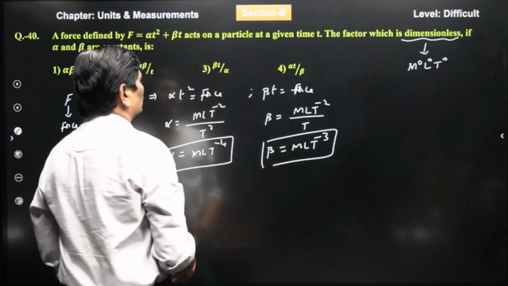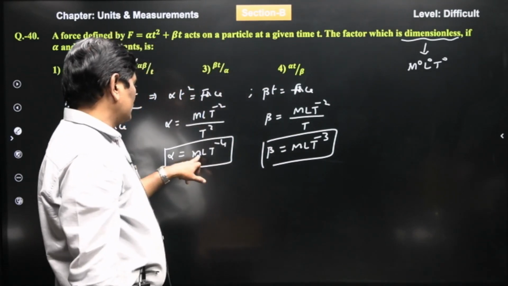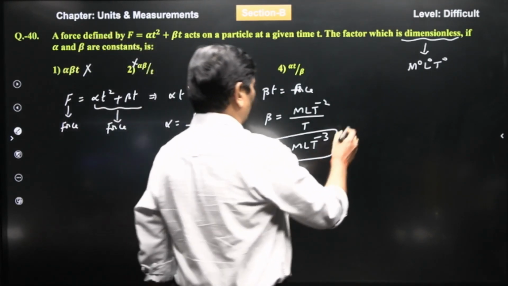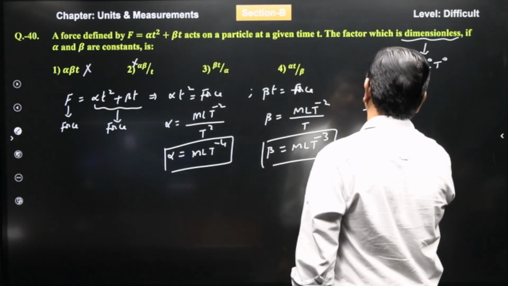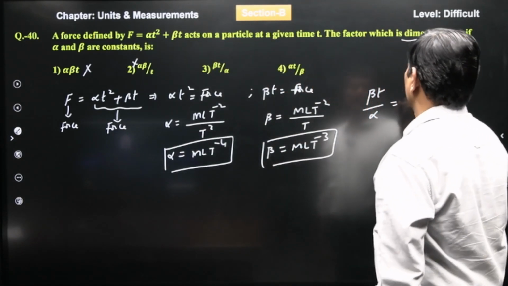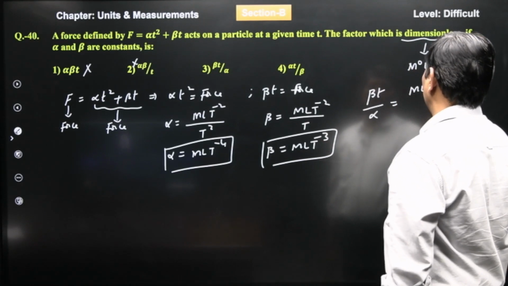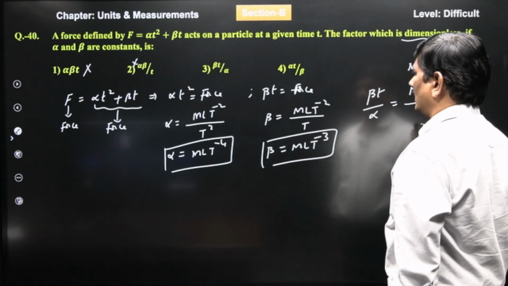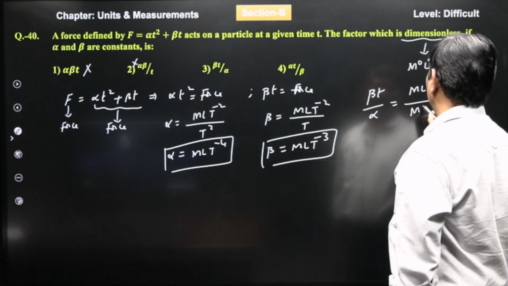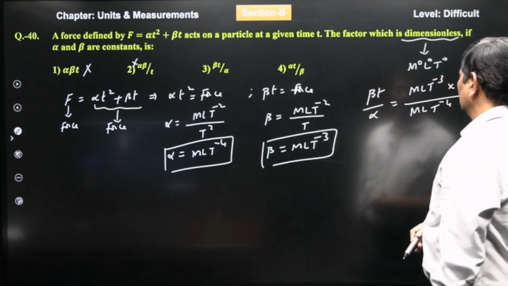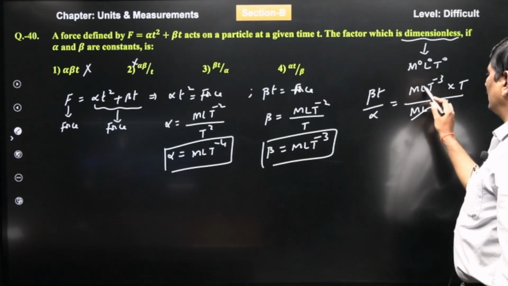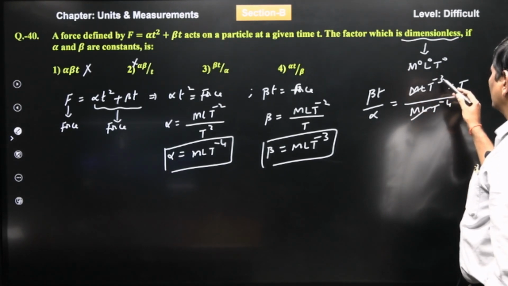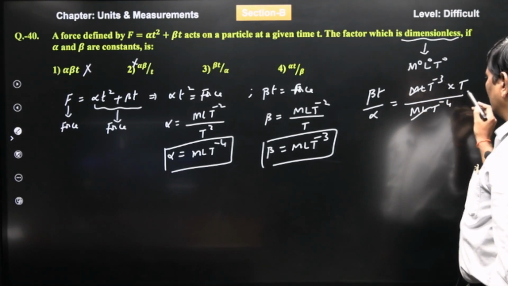And when we see the third one, beta t by alpha. Beta means m l t power minus 3 into t, by alpha, m l t power minus 4. What will you get? m l cancel, t power minus 2 there, minus 4 goes to the numerator, you will get t square here.